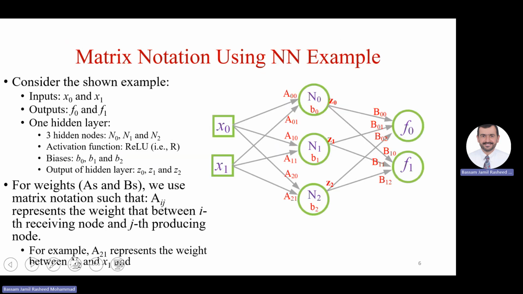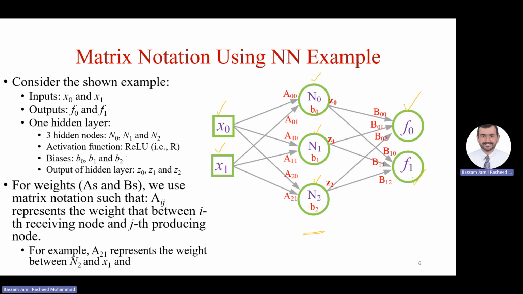Let's pick this example. I have a very simple neural network, and we will see how equations can get messy even with this simple network. We've got our two inputs, x0 and x1. We have two outputs, f0 and f1. So it's a two-input, two-output neural network with a hidden layer. We have node 0, node 1, and node 2.